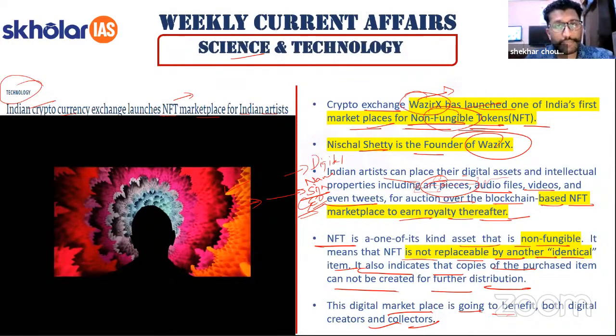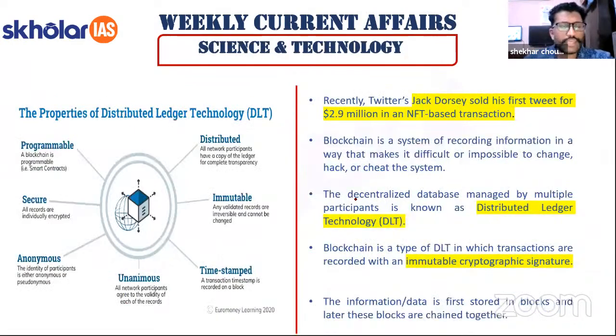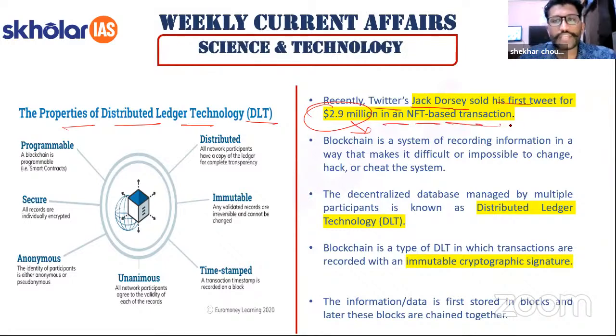Okay, so let us understand the properties of distributed ledger technology. Prior to that, let me tell you again what I told you about Jack Dorsey, the CEO of Twitter, who sold his first tweet for $2.9 million in an NFT-based transaction.